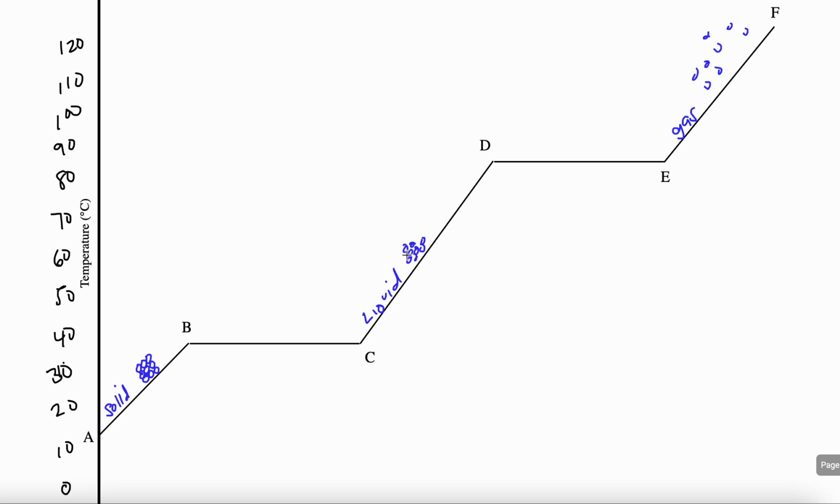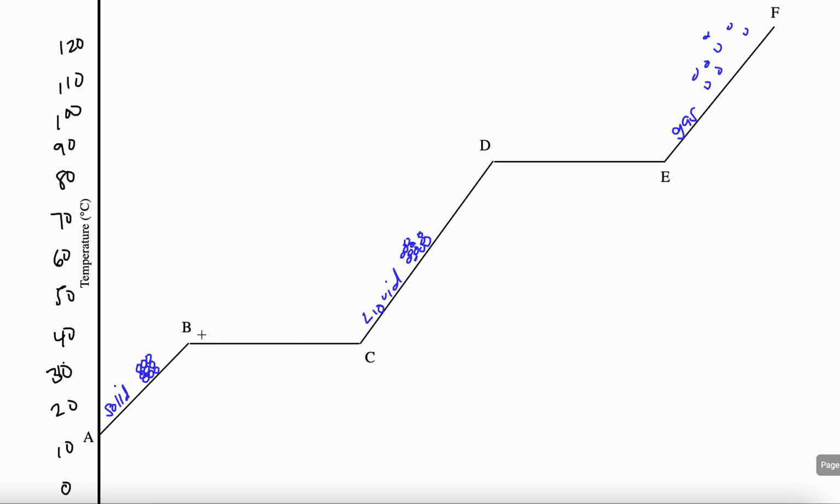So the particles touch and are disorganized. So notice then we have segment BC. BC is sandwiched between the solid and the liquid, and it connects the two different phase segments. It connects the solid to the liquid.